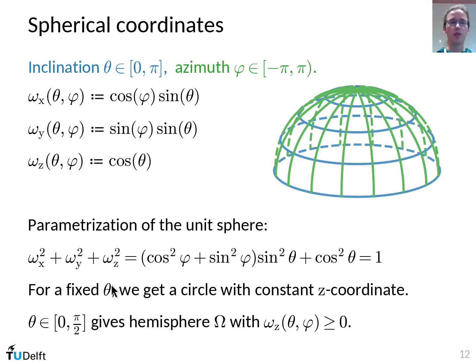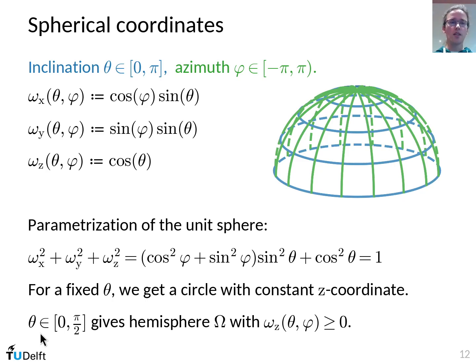And if we keep theta fixed, then we always get the same z-coordinate. So basically, if we keep theta fixed, we get these blue circles here, or one of these blue circles. And with phi, we are getting these lines, if we keep that fixed.